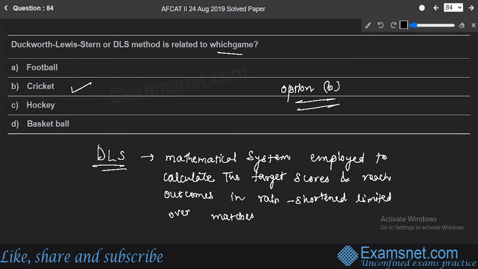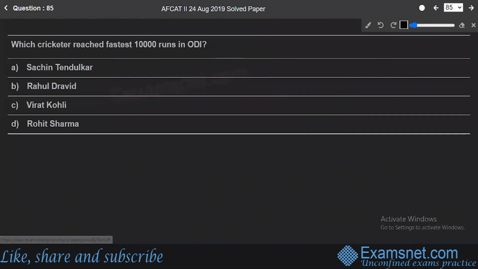Next is question number 85. Which cricketer reached fastest 10,000 runs in ODI? Is it Sachin Tendulkar, Rahul Dravid, Virat Kohli, or Rohit Sharma? I hope most of you will be knowing the answer to this question. It's Virat Kohli.